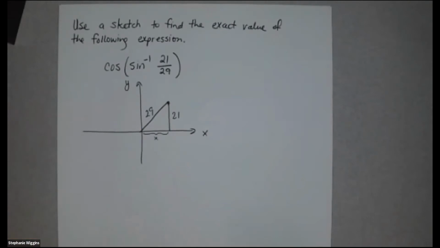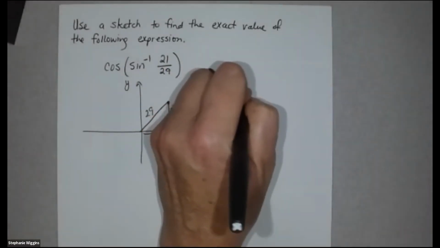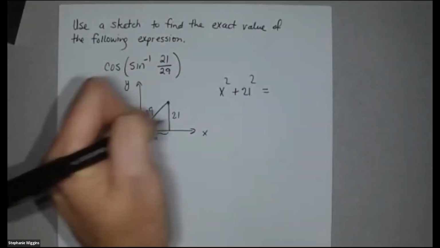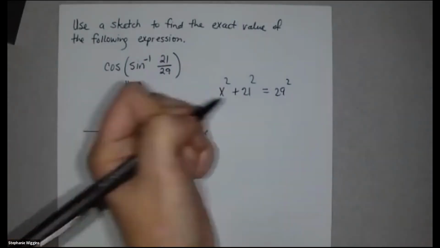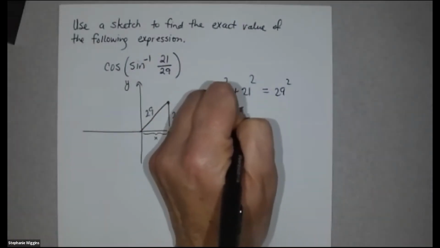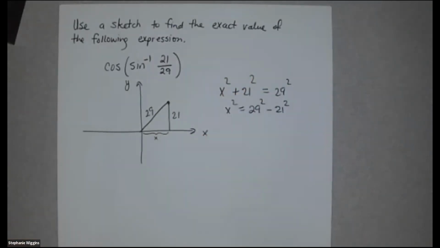This is your x. So using the Pythagorean theorem, I have that x squared plus 21 squared equals 29 squared. And I can solve for x. x squared equals 29 squared minus 21 squared.